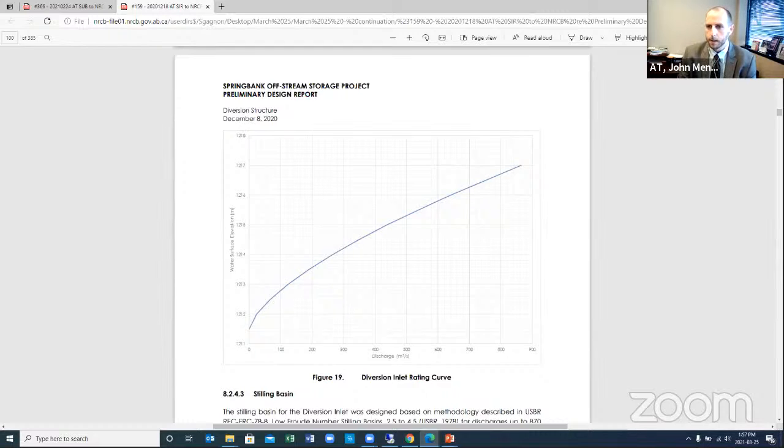I would select the 1213 number, and then I would go across that grid until I intersected the blue line. At that point, that would tell me what number I would have to read off of the bottom axis. So in this case, at 1213, you would have 120 cubic meters per second going into the diversion channel.